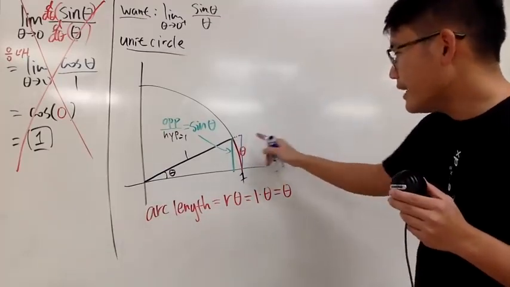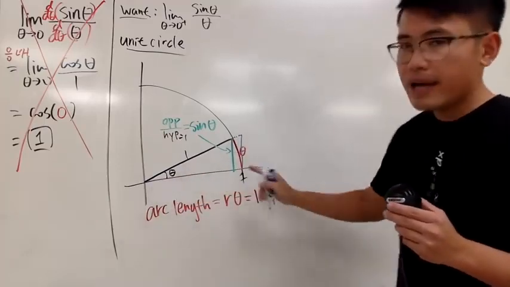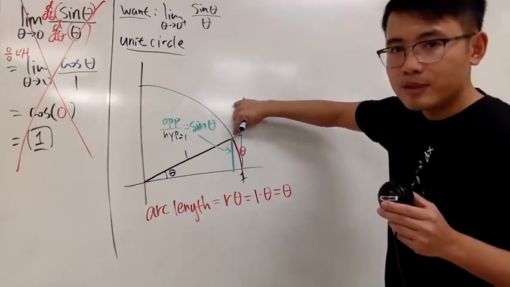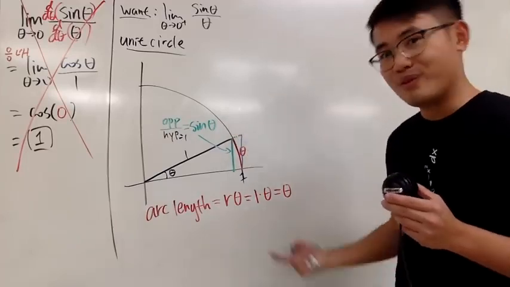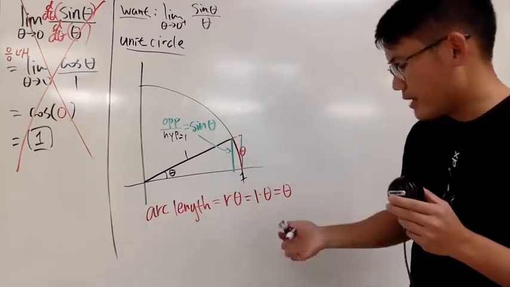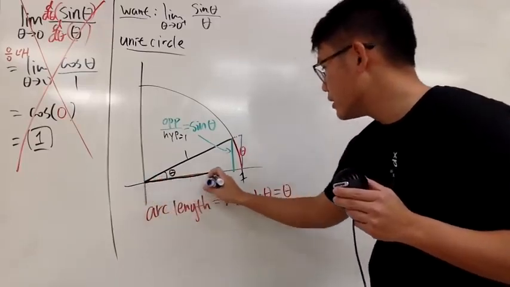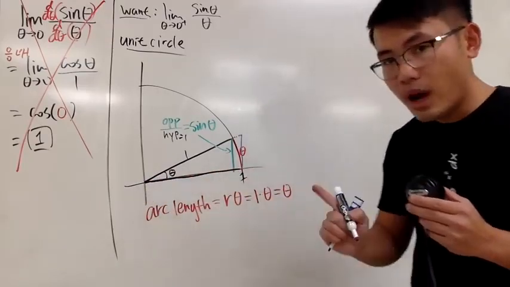Well, in this case, I can create another right triangle. But the problem is, I don't know how big this is. So I cannot use sine right here anymore, unfortunately, right? But it's okay, because we know from here to here is 1.